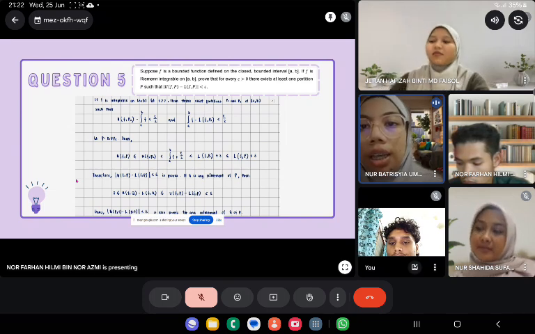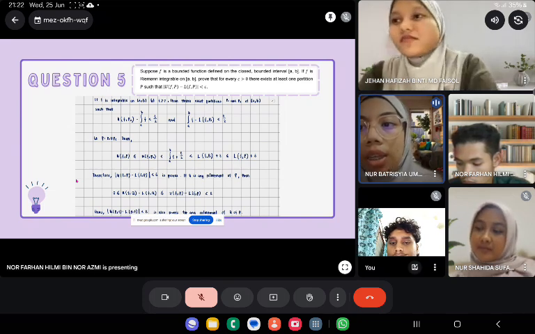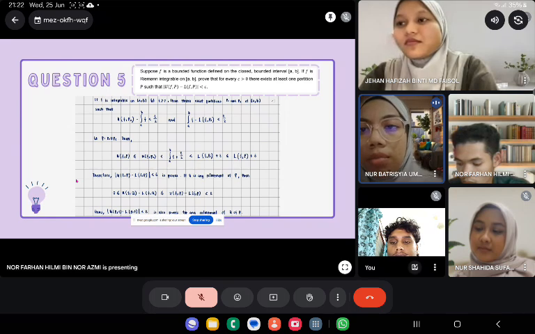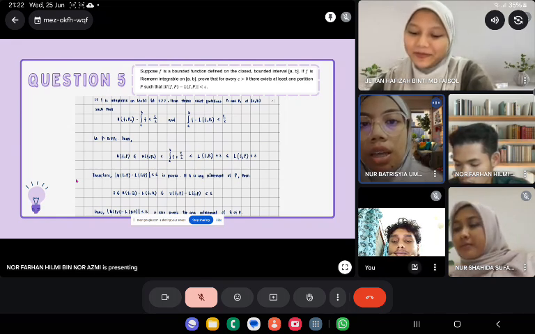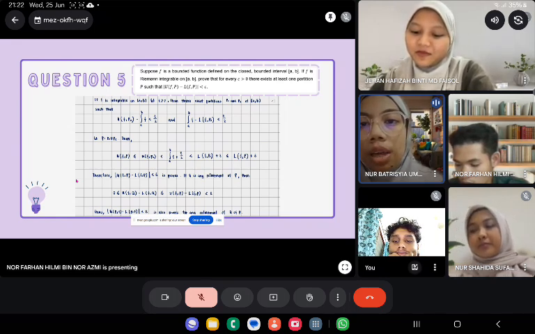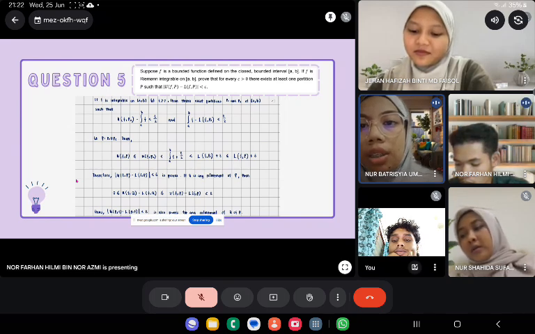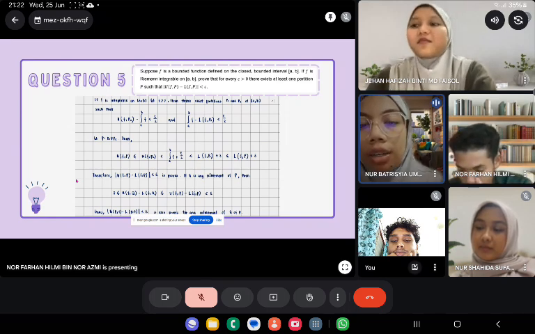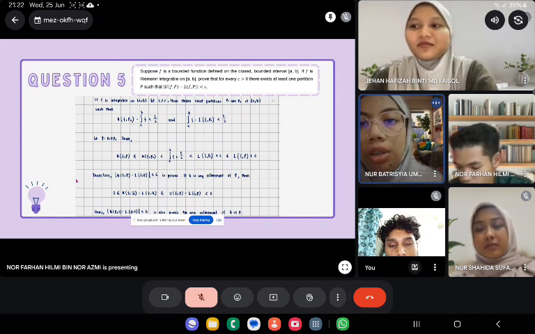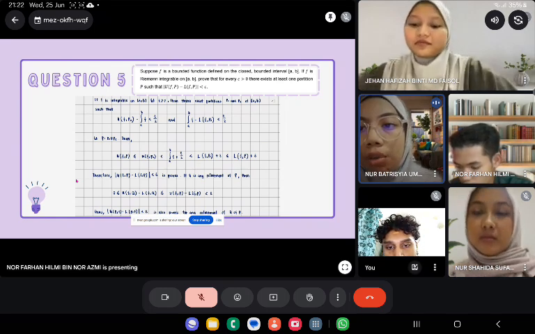Now, if we take Q to be any refinement of P, then we will also have 0 less than or equal to U(f, Q) minus L(f, Q), less than or equal to U(f, P) minus L(f, P), which is less than epsilon. So it also shows that U(f, Q) minus L(f, Q) is less than epsilon for any refinement Q of P.